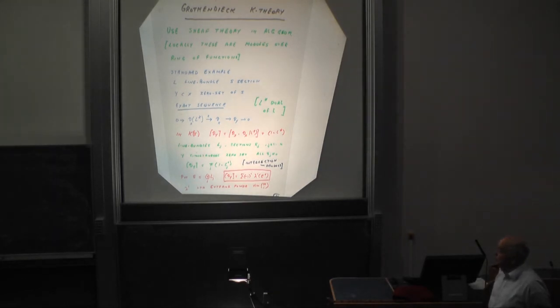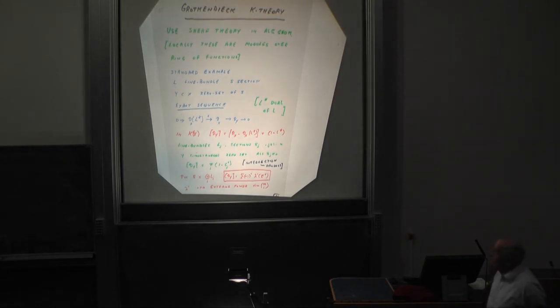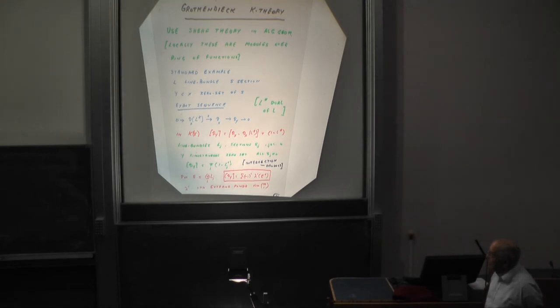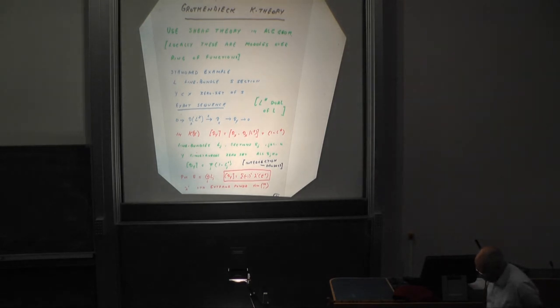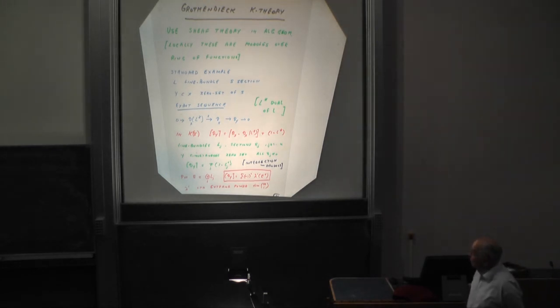Now, that's true if your bundle is decomposable as the sum of line bundles. But first of all, you observe that even in the decomposable case, you can expand the thing on the right-hand side in a way which doesn't use the decomposition. If you expand out the product of 1 minus Lj stars, you can rewrite that as the alternating sum of the ith exterior powers of the bundle E star.